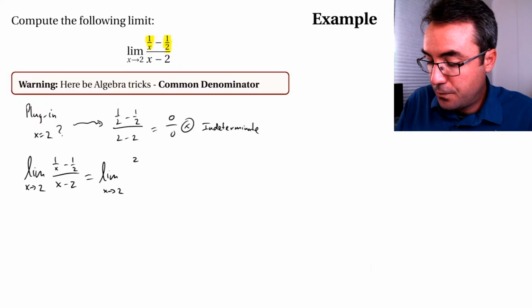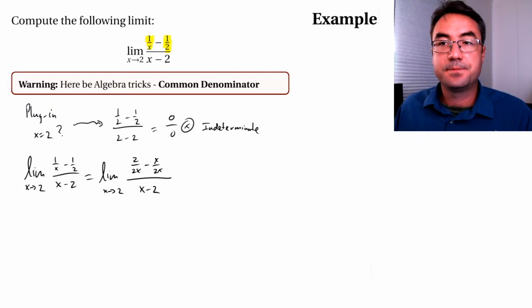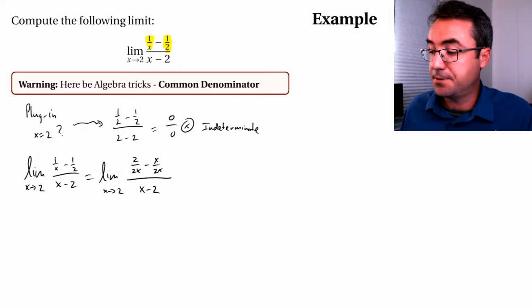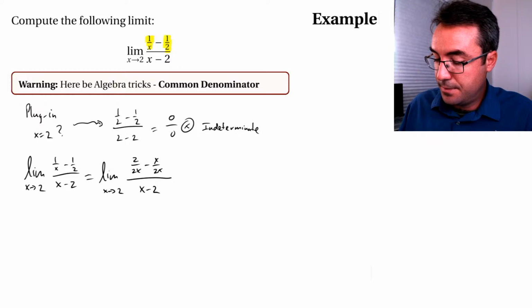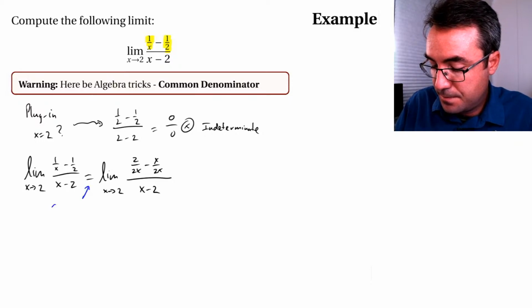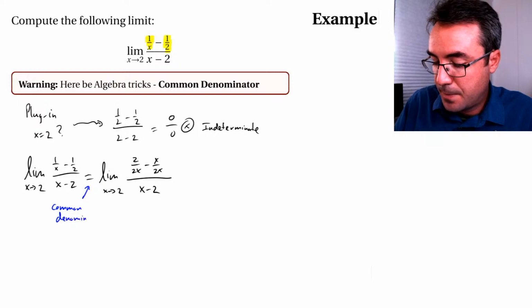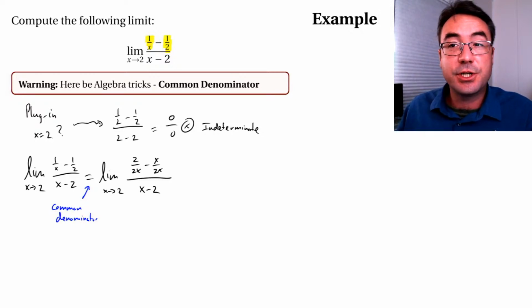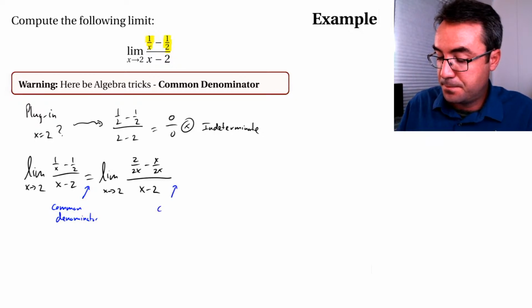So it'll be 2 over 2x minus x over 2x. The quickest way to get a common denominator is just to multiply the two of them together, so in this case, it's just 2x. Once we do that, we can combine them into one single fraction up there. So that's what common denominators allow us to do.